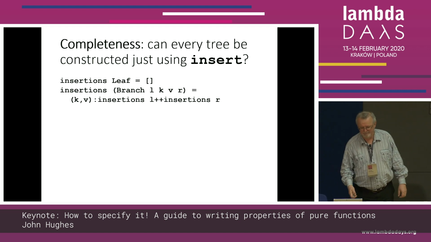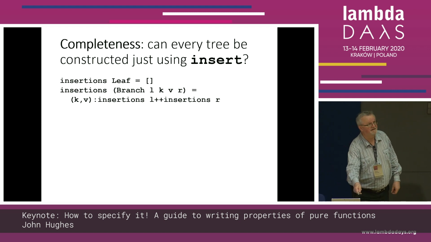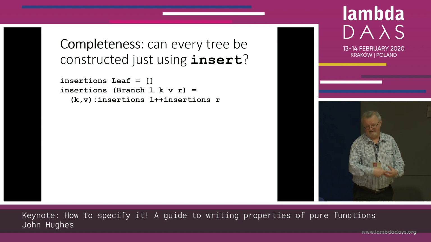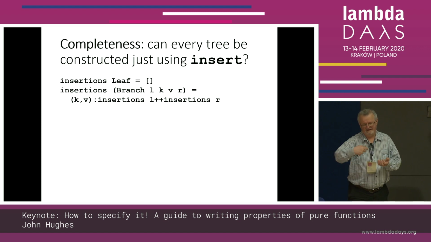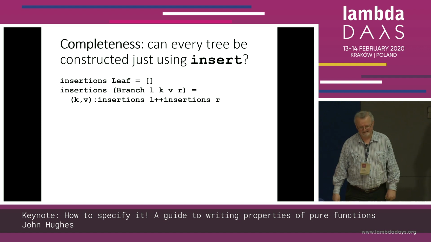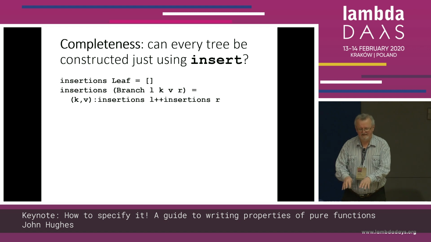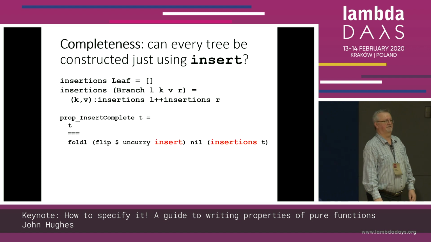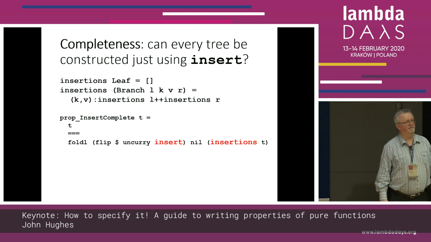Well, first of all, I better insert the key and value at the root. And then, because insert never moves keys and values, they'll stay there. So I can then take insertions that will construct the left subtree and insertions that will construct the right subtree. And rerunning these insertions should reconstruct the tree I start off with. How do I convince myself of that?